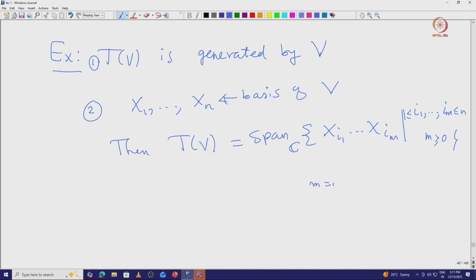When m is 0, this corresponds to the empty product, so it is assumed that the empty product is exactly 1.